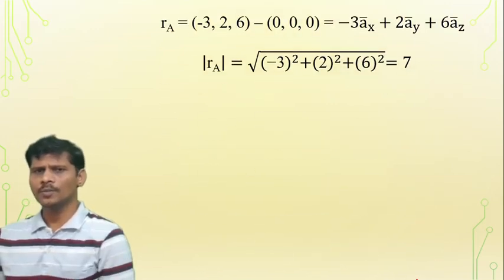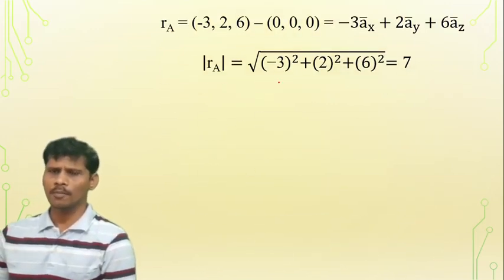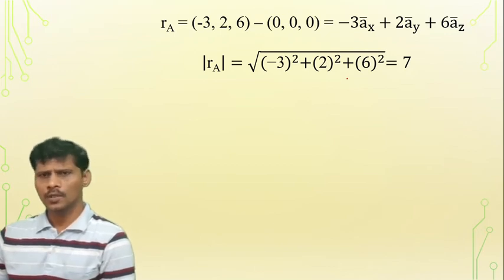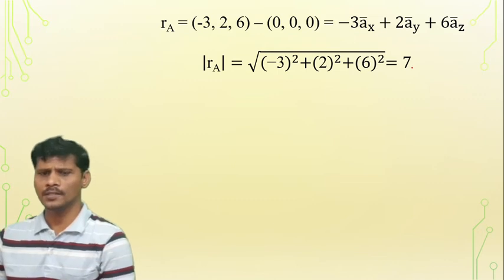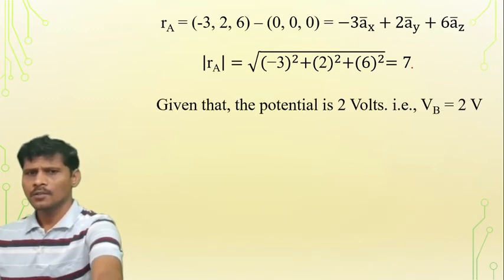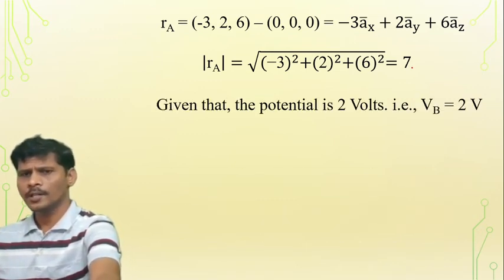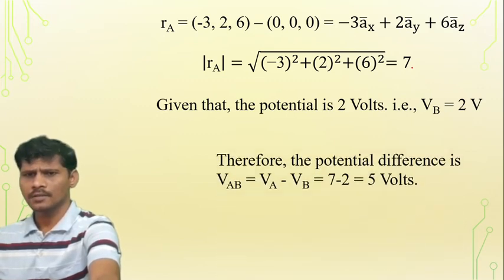The magnitude of RA is equal to the square root of minus 3 squared plus 2 squared plus 6 squared, which is 9 plus 4 plus 36, that is 49. Square root of 49 is 7.